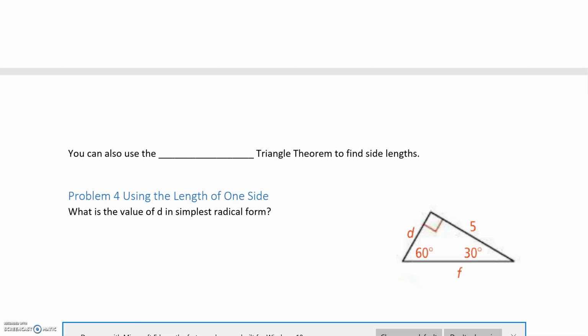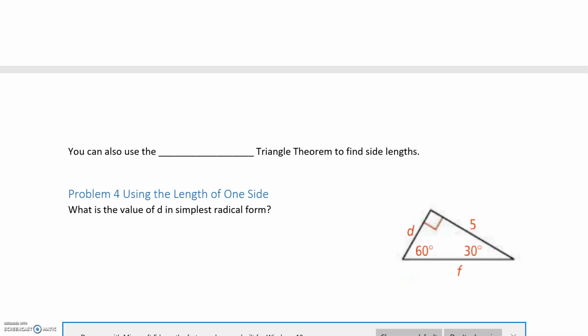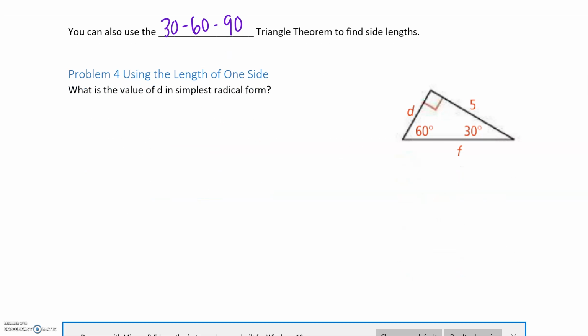So if we go on to the first page, we're going to use our 30, 60, 90 theorem. What we know right now is our longer leg, and our longer leg equals that s square root of 3. So if we have that 5 equals s square root of 3, we want to find what s equals.